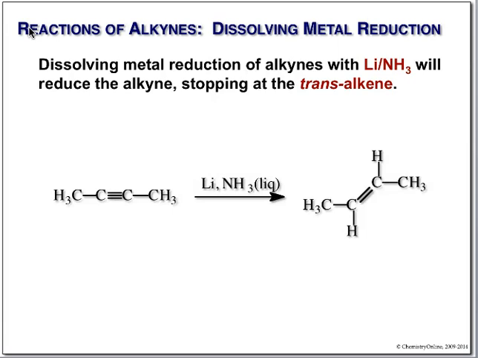All right. If we took an alkene and we treated it with acidic potassium permanganate, what would we get? Well, we know that acidic permanganate will split the alkene, won't it?